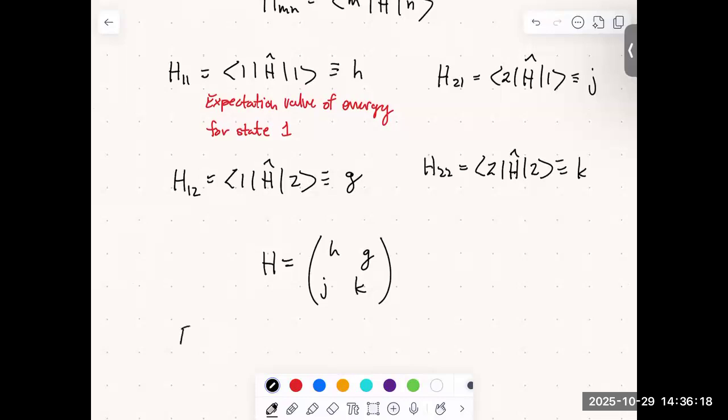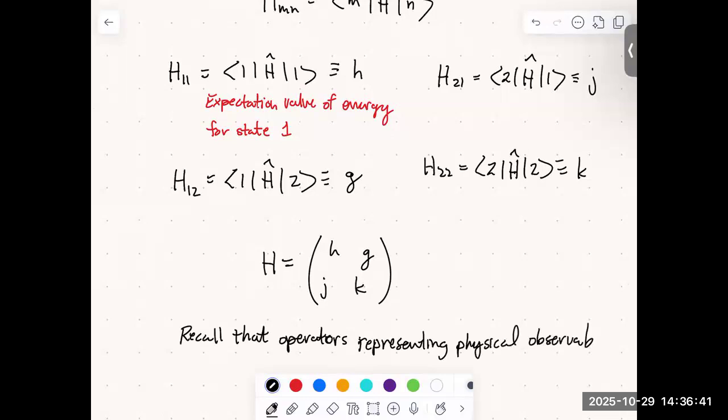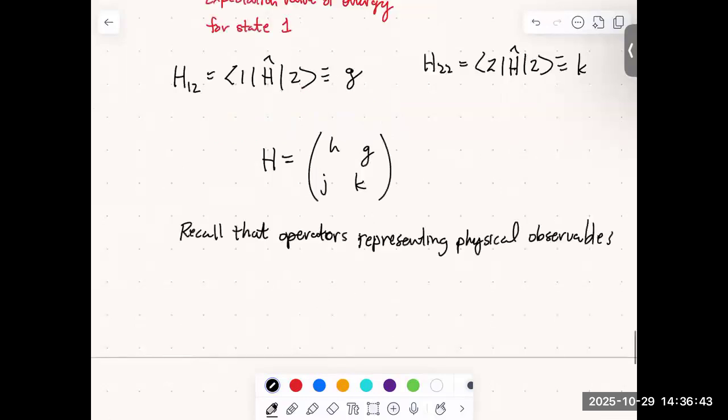So recall that operators representing physical observables have to be Hermitian.